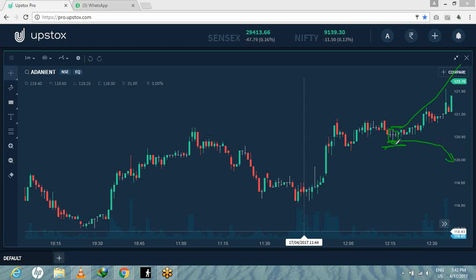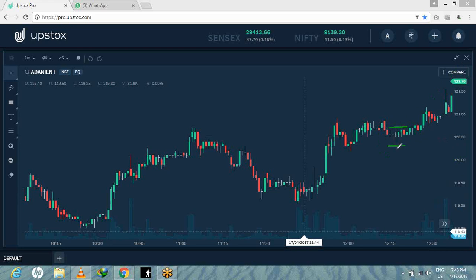So if you are not very confident in predicting where it is going or where it should go, in that case just put one order 10 paisa or 15 paisa or 20 paisa just above the high of these candles, and put another sell order 10, 15 paisa below these candles.